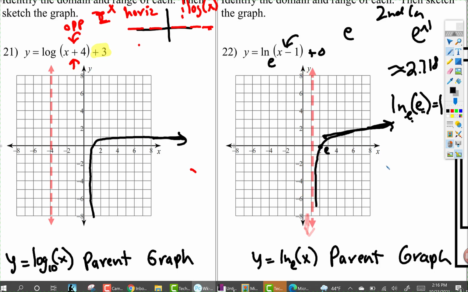And now our domain, we moved it over to positive 1. And our range will always be, for logarithmics, negative infinity to positive infinity. All right, that's graphing logarithm graphs, whether it's base e or some other base. We just did the invisible base 10. All right, that's it for this one.